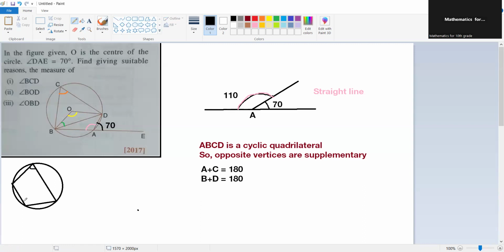So this plus this would always be 180, and this plus this would also be 180. That's why if the pink angle is 110, the red angle has to be 70, because they have to add up to 180. So I'll mark in red, this is 70.